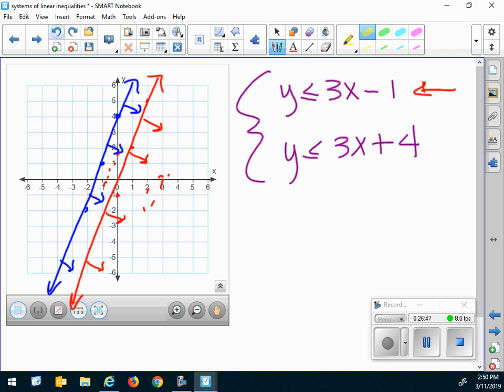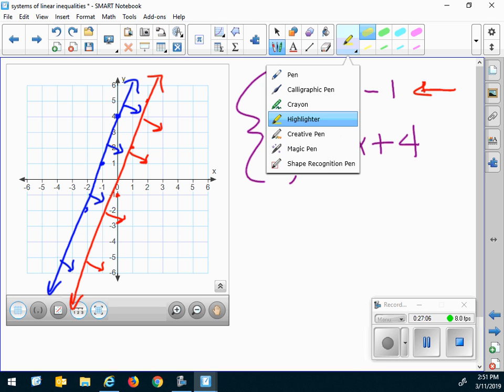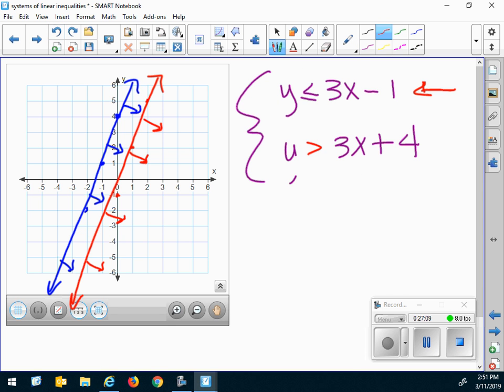Let me get rid of some of these little measles, chicken pox things that I've drawn in here. What if this one had said this, and this was the blue one?